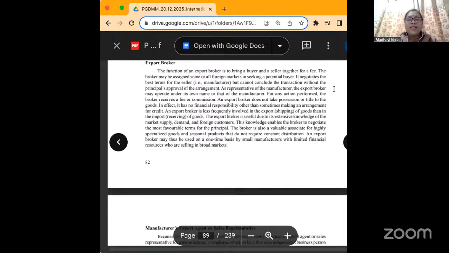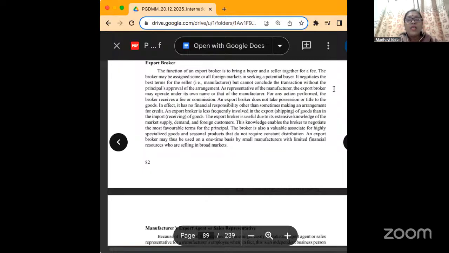So, at the same time, the export broker may operate under its own name or that of the manufacturer. So, any action that is performed, the broker receives a fee or commission. So, an export broker does not take position or title to the goods. We have stressed this sufficiently. However, at the same time, it also works out in their advantage because there is no financial responsibility of the agent by themselves, right?